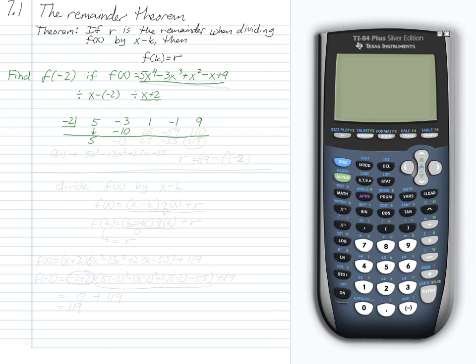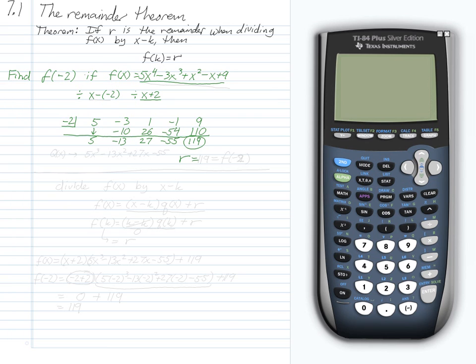Add my column, negative 3 minus 10 would give me negative 13, and multiply, giving me 26. If I add these, I get 27, and if I multiply 27 by negative 2, I will get negative 54. So negative 55, and I'll multiply one more time, giving me 110, and if I add, I find my remainder is 119.